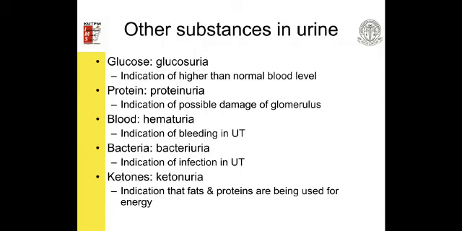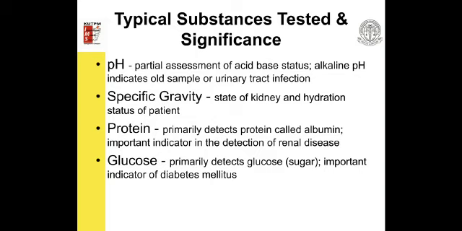Ketonuria is an indication that fats and proteins are being used for energy, and ketosis happens in diabetic ketoacidosis, with beta hydroxybutyric acid and acetoacetic acid.